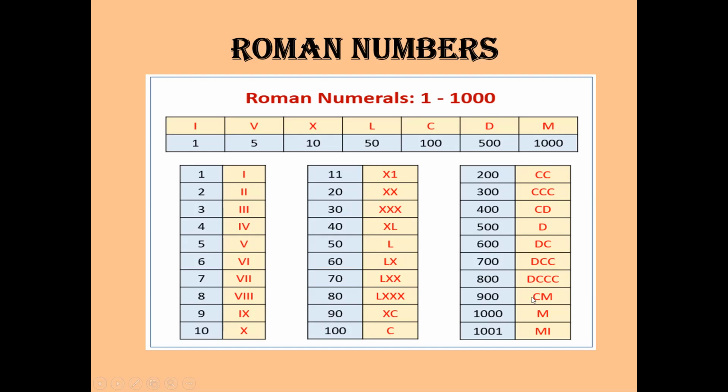Now how can we write 900? We have 1000, M. If you subtract 100, it will be 900. And 1000 is M, and MI is 1001. If you write MX, it is 1010, and so on.